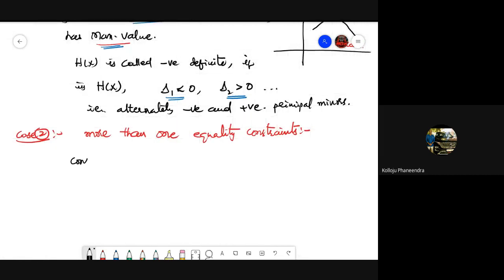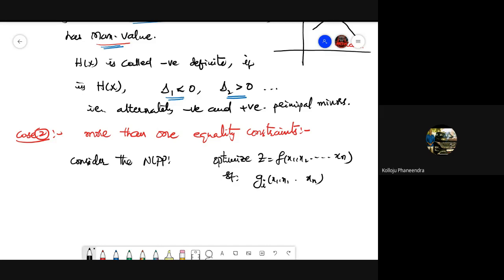Now consider the NLPP: optimize z equal to f of x1, x2, up to xn. Let me consider n variables, and I am generalizing this now, subject to constraints gi of x1, x2, xn equal to ci, where i is from 1 to m.